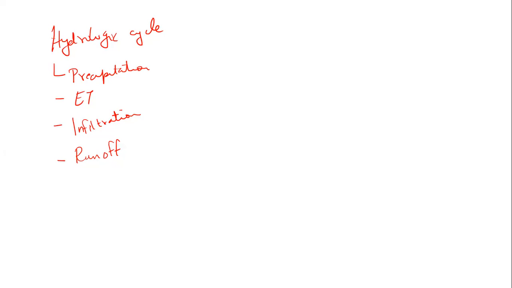Then we start to look at the soil and how it is going to behave. Depending on the different types of soil and conditions, you may have different levels of infiltration. Once you know the infiltration capacity of the soil, if rainfall has a higher rate than that capacity, you start generating runoff.